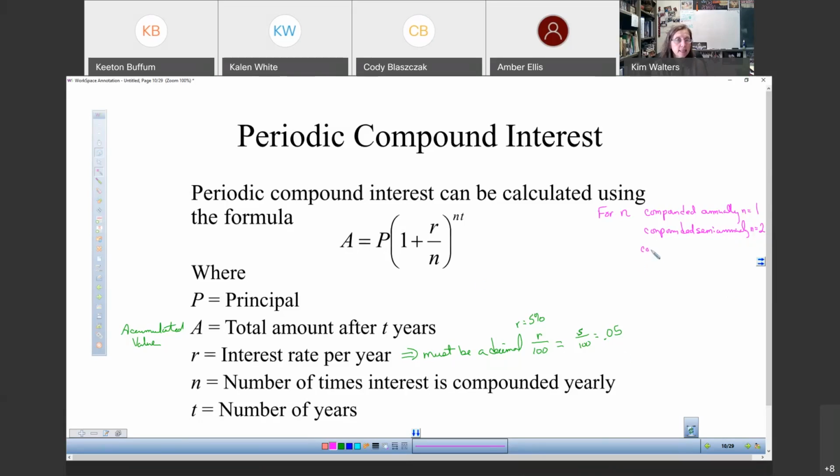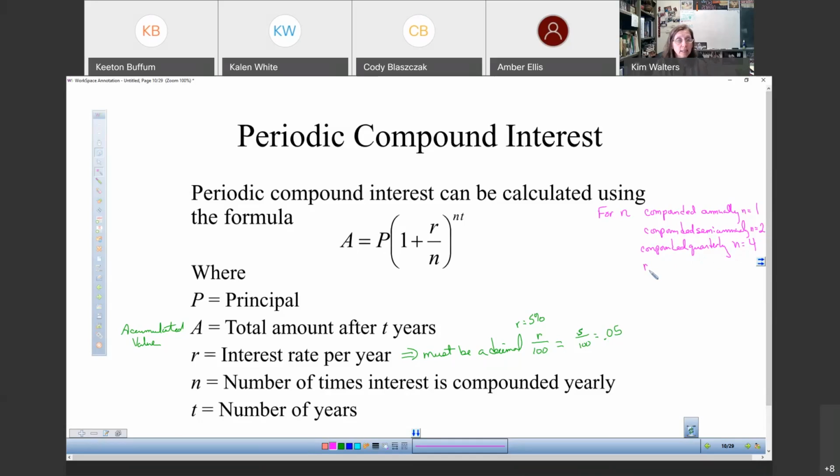If it says compounded quarterly, right? Quarterly actually means every 3 months, but it means 4 times a year. So N is going to be 4, just like there's 4 quarters in a dollar, there's 4 quarters in a year, okay?